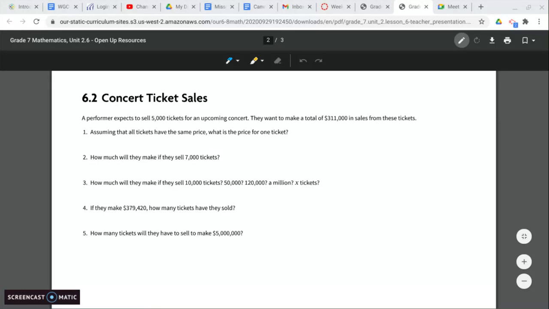Well, if the total that they want to make from those tickets is 311,000 divided by the 5,000. When we divide those, we're going to find that it's $62.20. So $62.20 per ticket.